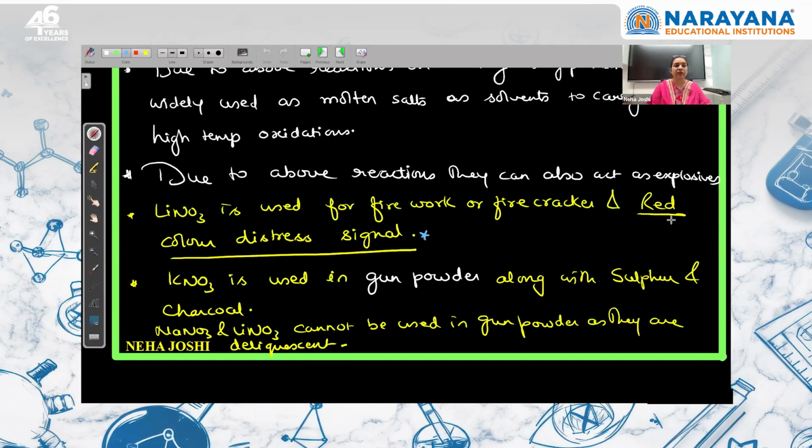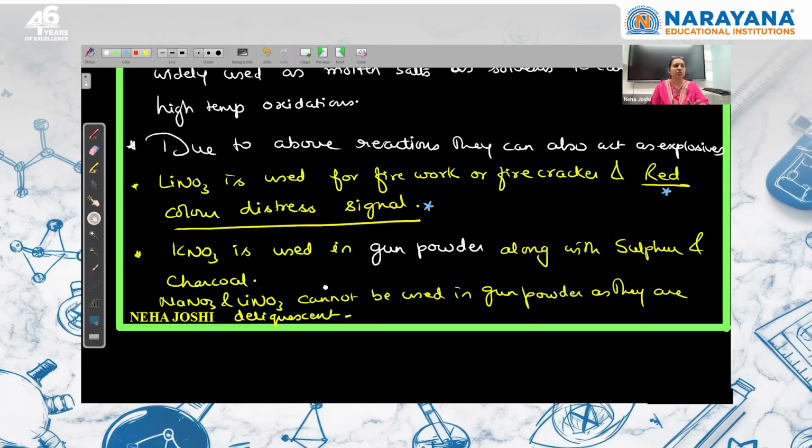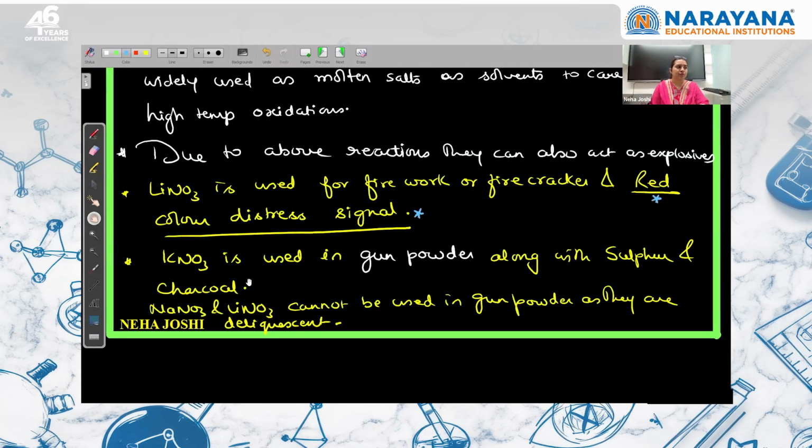Distress signal, for example, if someone needs some sort of help, they will fire a gun. If it is having red color, it is a code that there is someone who needs help out there. So distress signal, usually in sea and those type of places, this is used.